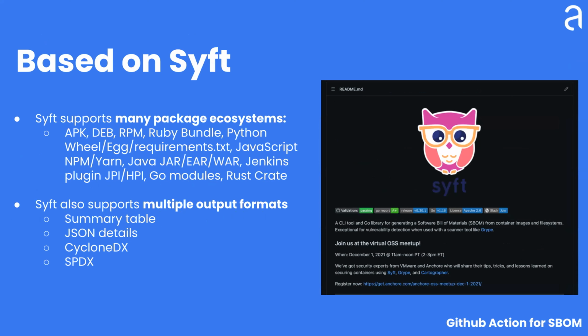The analysis itself of building this document is based on our other tool called Syft. If anyone from Anchore is in the group, you can post Syft in the chat so people can head over there to see what this tool is all about. We're just wrapping this in an actions format to build and generate these documents. Cool things about Syft: we support many different distros, like APK, Deb, RPM.